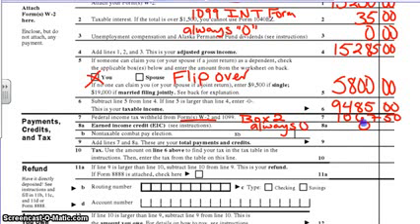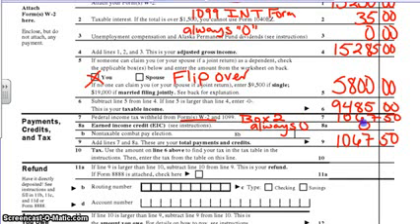Okay, when we add lines 7 and 8 together, we are going to see that line 9 will give us $1,067.50.